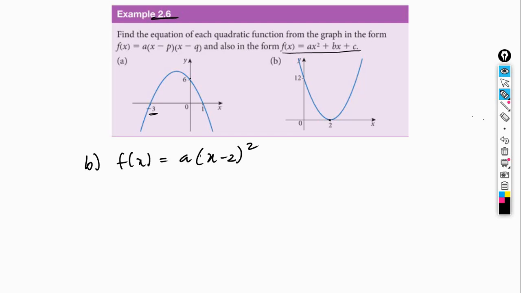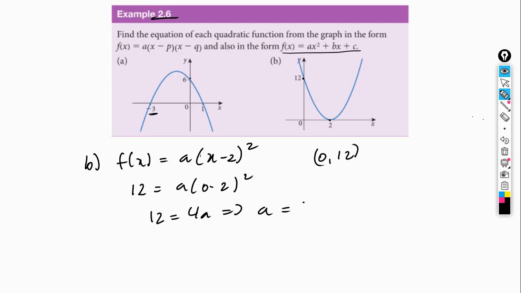And then to find a, let's use the fact that the y-intercept is (0, 12), as we can see on the graph. Therefore, when x is 0, f of x is 12. So a times (0 minus 2) squared. And then from here, we're going to get 12 is equal to 4a. Therefore, a is equal to 3.